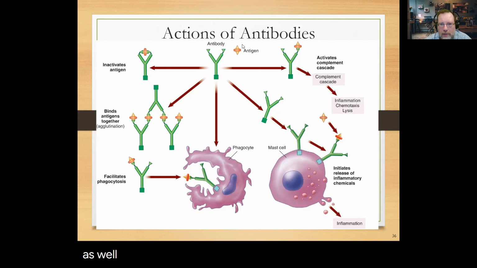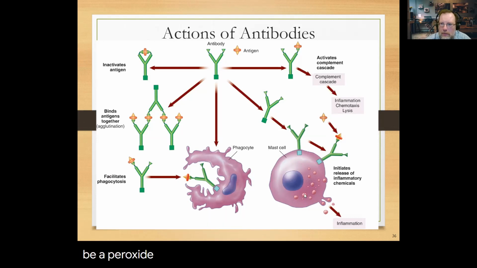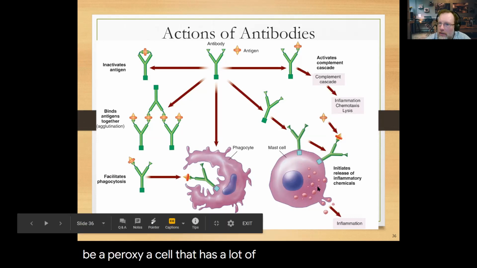So anyway, these antibodies can also pull in an antigen, bring it in for phagocytosis. We can attach an antibody to a mast cell of some sort. It's kind of like a two-step process. Maybe this mast cell could be a cell that has a lot of peroxisomes or lysosomes, some sort of a chemical that needs to be released.